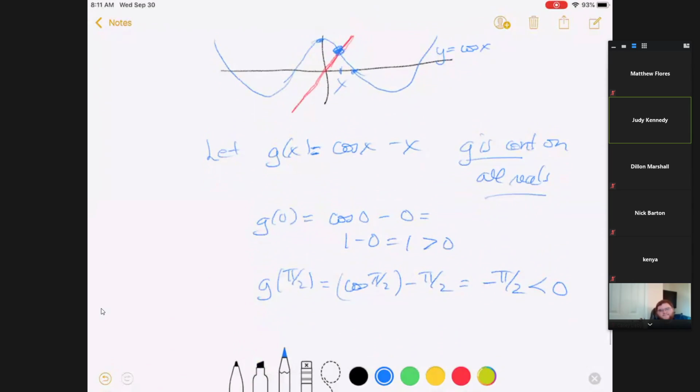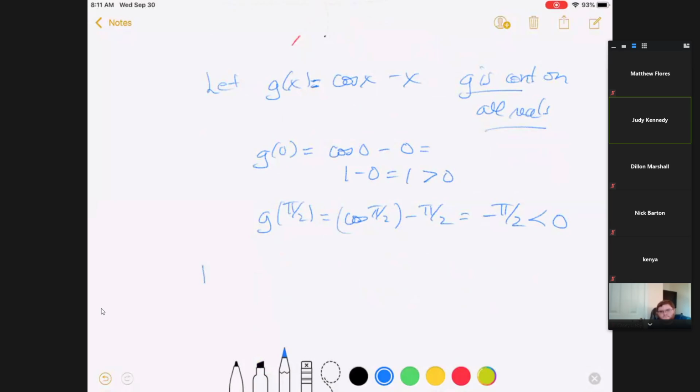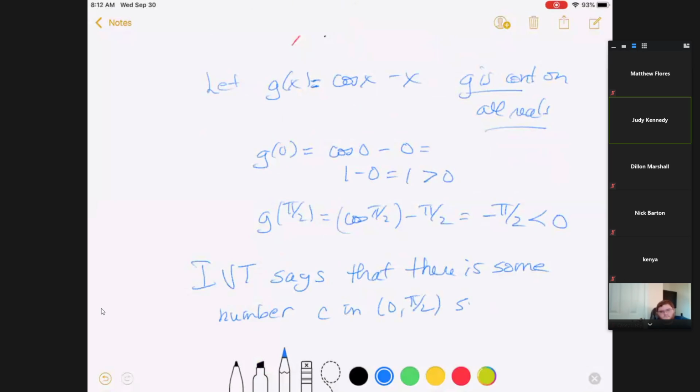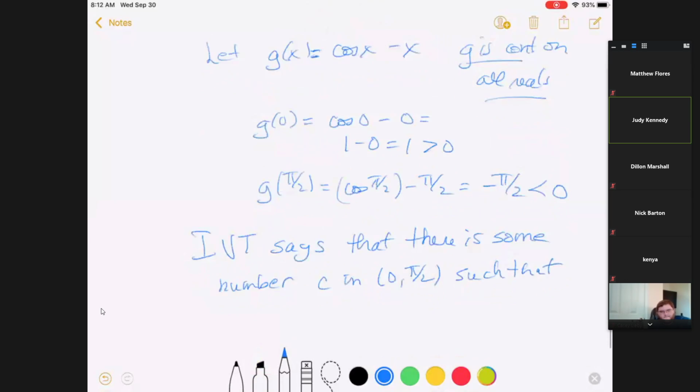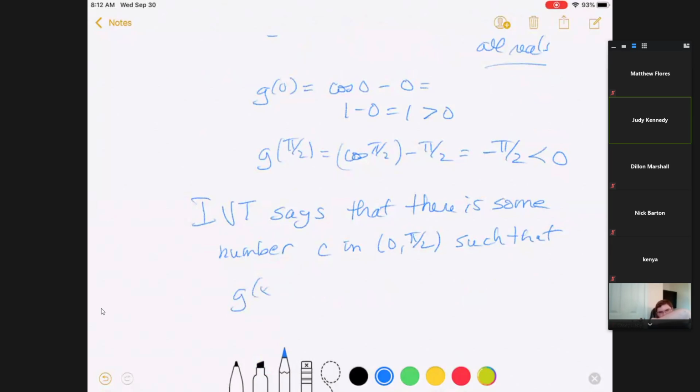Well, then the intermediate value theorem says that there is some number c in the interval 0 to pi over 2 such that g of c is 0, which is the same thing as saying that the cosine of c is equal to c.